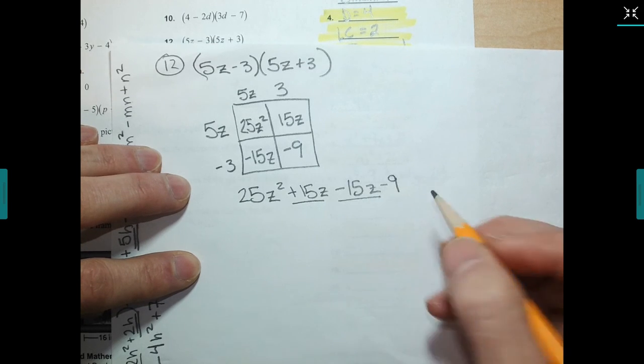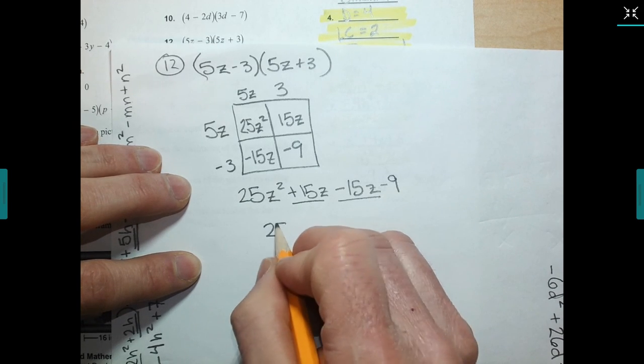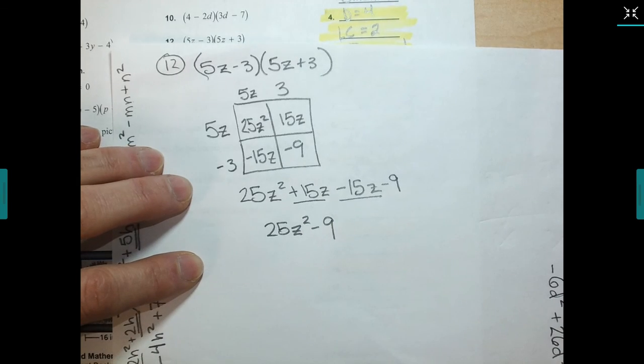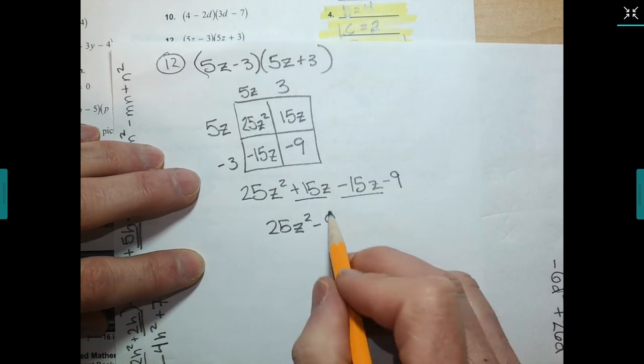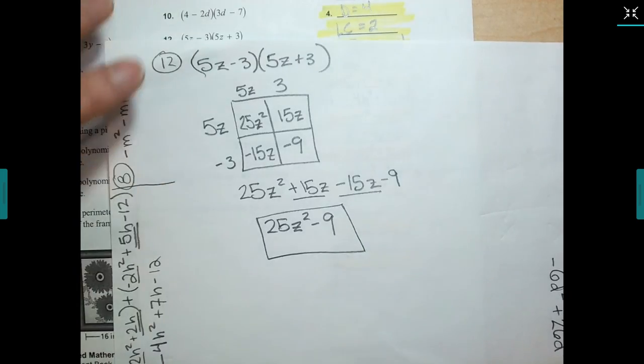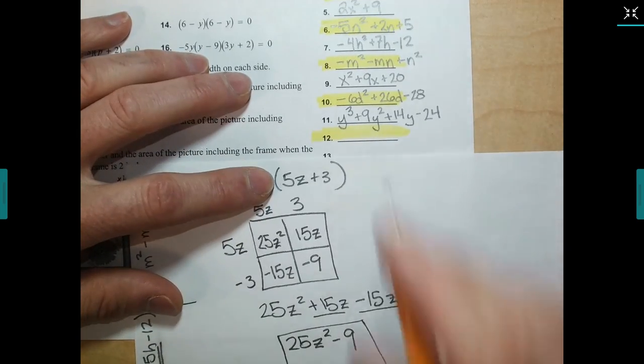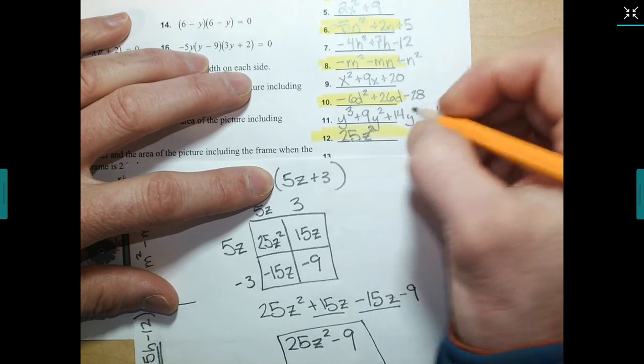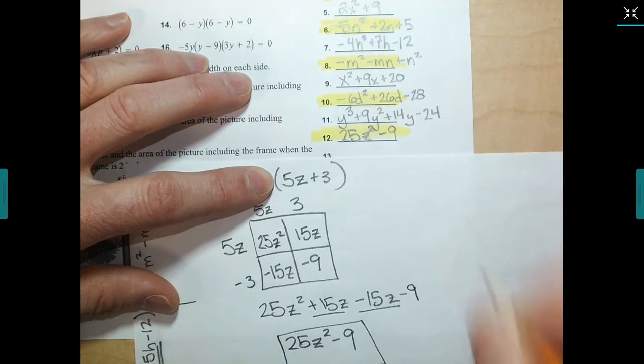Plus 15 minus 15, that cancels out. So I'm left with 25z squared minus 9. That's it. So that's number 12. 25z squared minus 9.